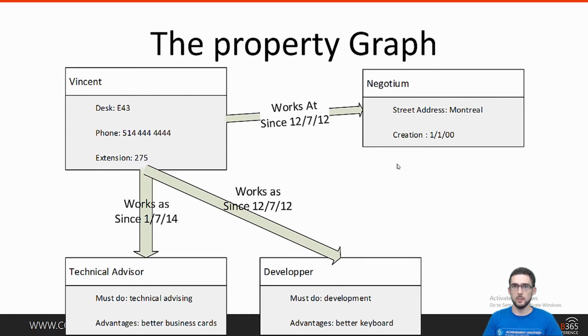So the idea is that you will have two kinds of objects or entities you will manipulate. The first one being the object itself, or the node, as it is sometimes called, and the other one is the edge, or the link, or the relationship. And on those two objects you will also find some properties.